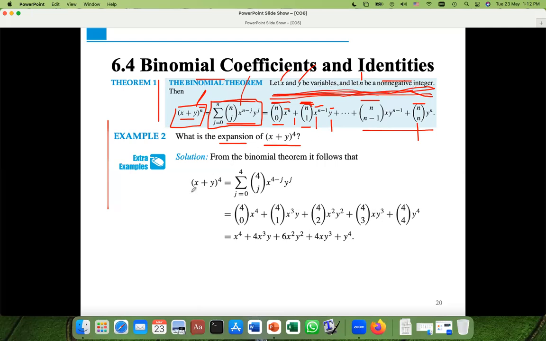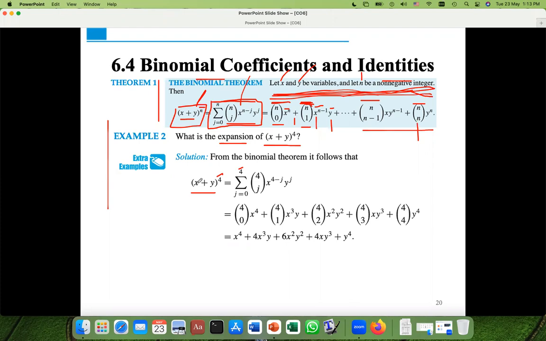So, x plus y raised power 4. First convert it into the summation form. Sigma j is equal to, so this is your n now, j is equal to 0 to 4. And then 4 choose j, put j as it is.